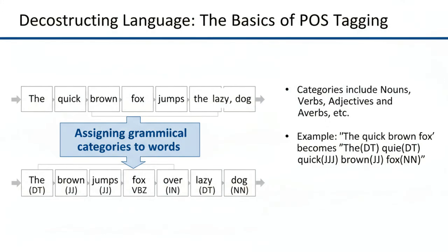For instance, in the sentence, "The quick brown fox jumps over the lazy dog," a POS tagger would identify "the" as a determiner, quick and brown as adjectives, fox as a noun, jumps as a verb, and so forth. This assignment isn't just arbitrary, it's based on the word's definition and its context within the sentence. It transforms a simple sequence of words into a structured sequence of words with grammatical labels, making it much easier for computers to process and understand.